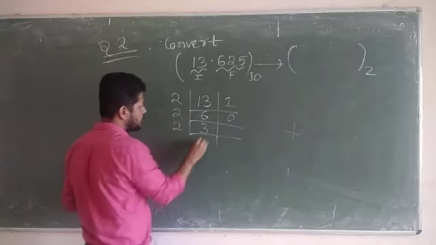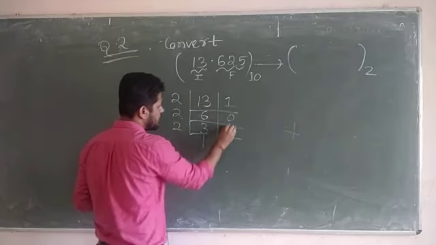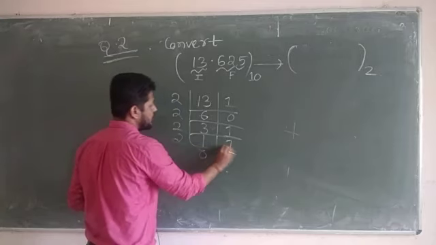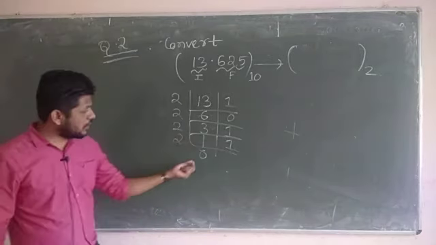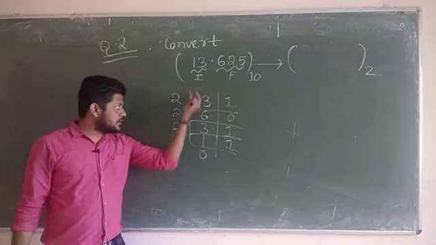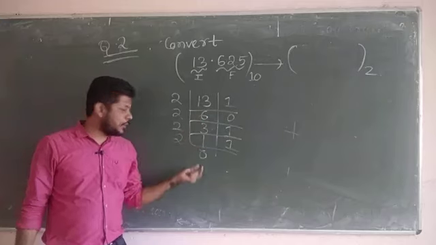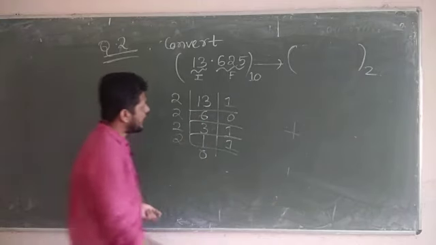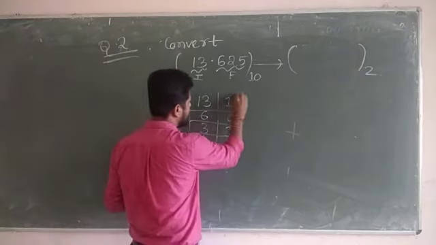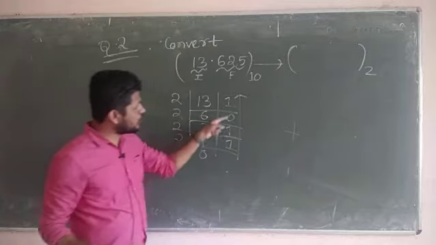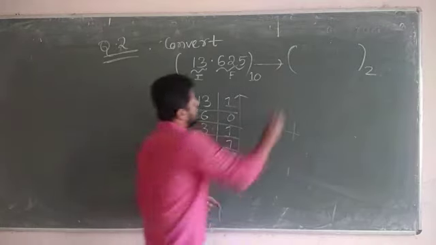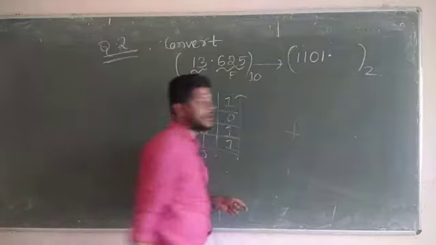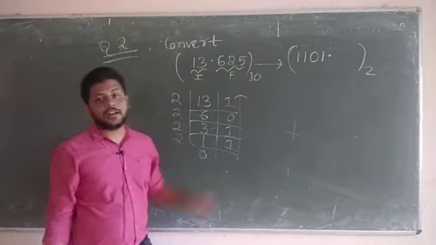Then 2 into 1 is 2, the remainder is 1. Then 2 into 0, the remainder is 1. Try to divide until the quotient is 0. To write it, the answer will be 1101, corresponding to this 13.